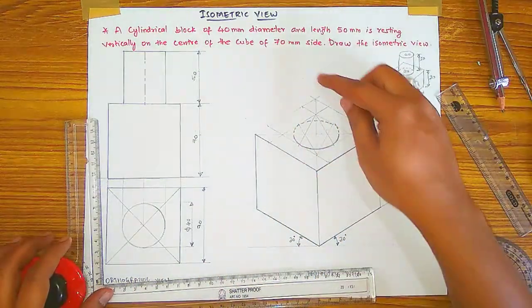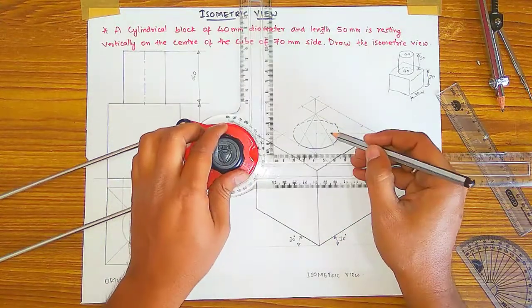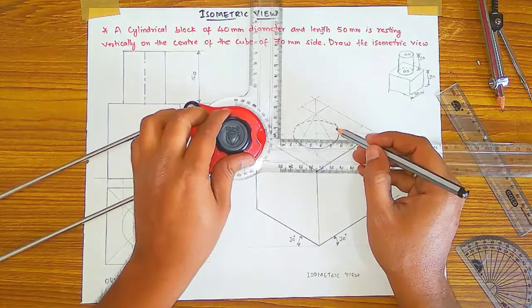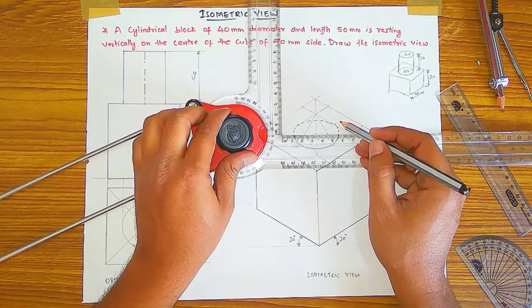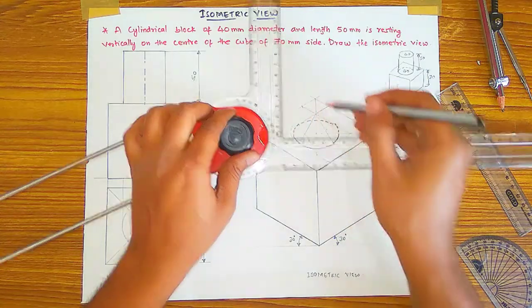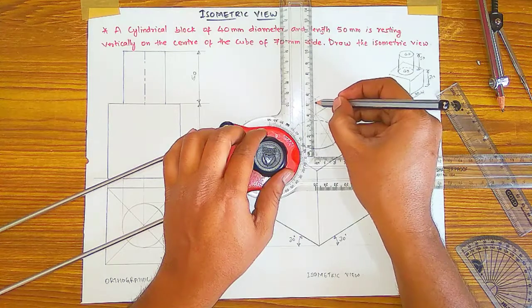Then the axis height of the cylinder is 50 mm. So with this rhombus, or taking from the center point, we can do the 50 mm axis height. So I am taking 50 mm from the rhombus each, like this. I am getting here.